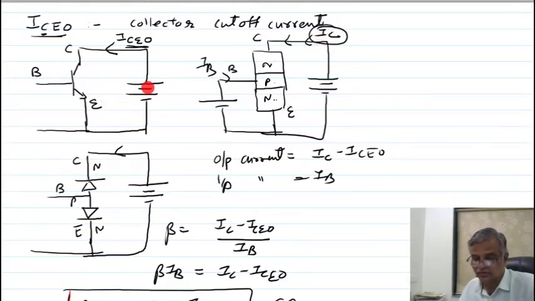But this discussion shows that current is also flowing due to some of the minority carrier electrons from the base. So in the output section, the current due to only the emitter electron is IC minus the current due to the base electron.